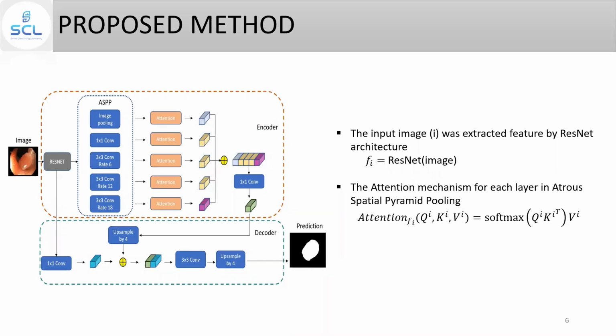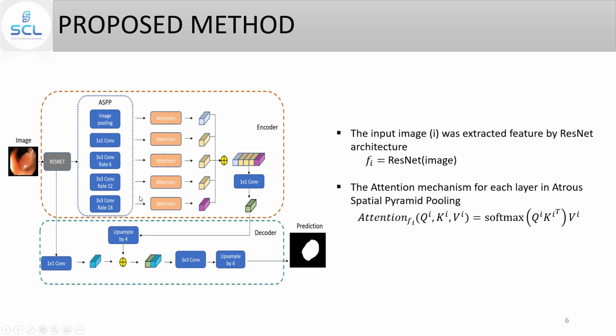About the proposed method. The proposed method is based on the DeepLabv3+ architecture and attention mechanism. As we can see, this model has two paths, the encoder path and the decoder path.